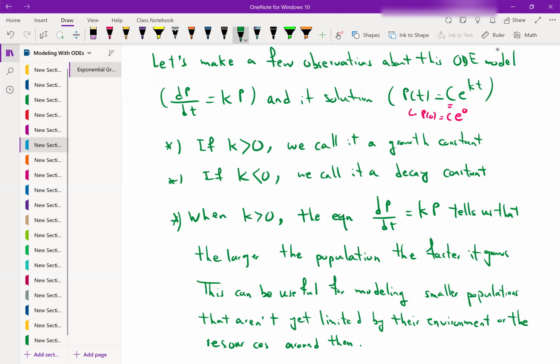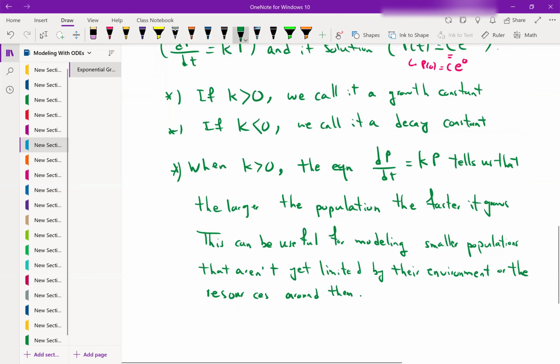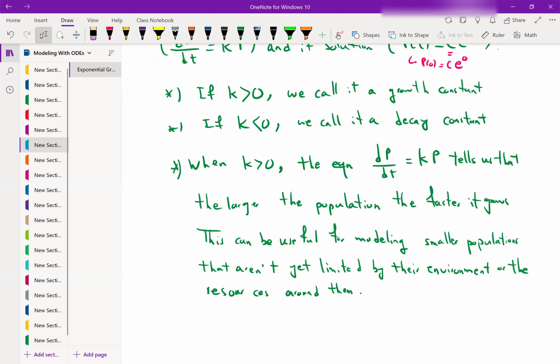When you have a small population, the growth is unlimited in a sense. But generally, you shouldn't expect this.